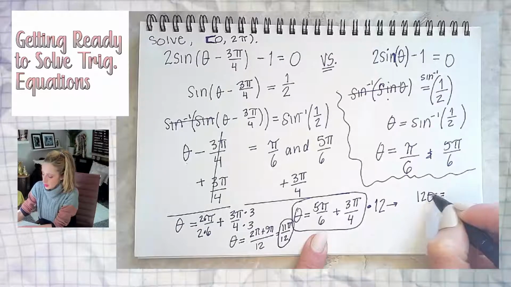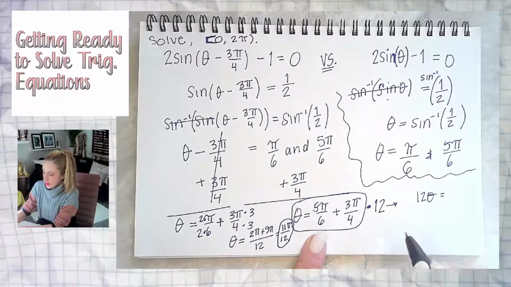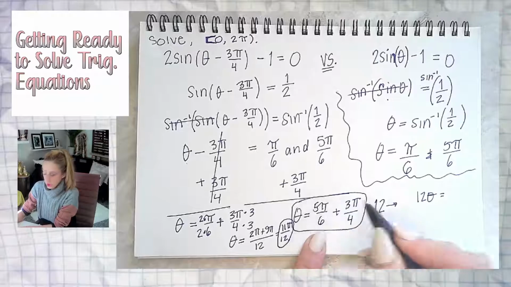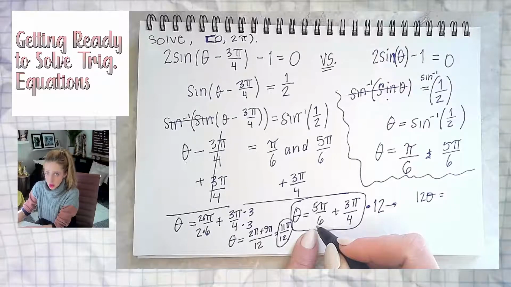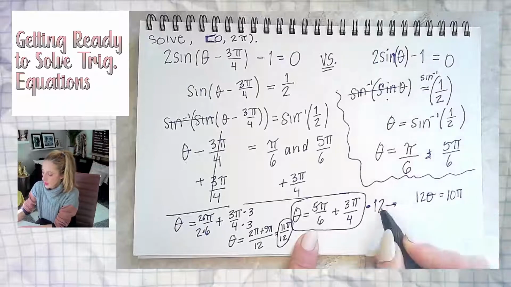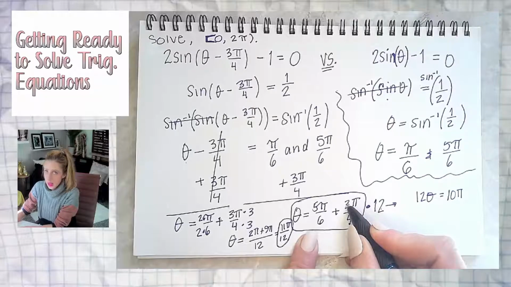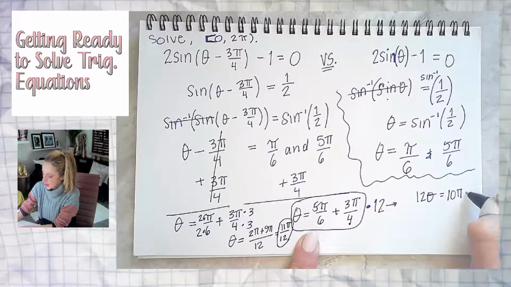I mentioned when we first did this that PEMDAS was a lie in a way, and you can divide before you multiply. 12 over 6 is 2, times 5, 10 pi. 12 over 4 is 3, then multiply times 3 pi plus 9 pi.